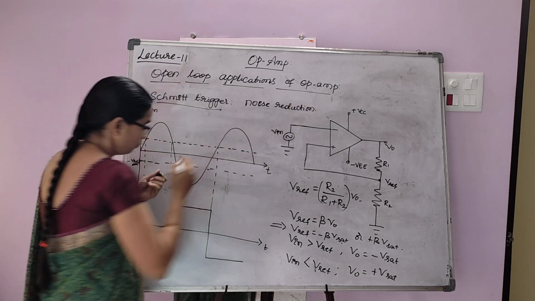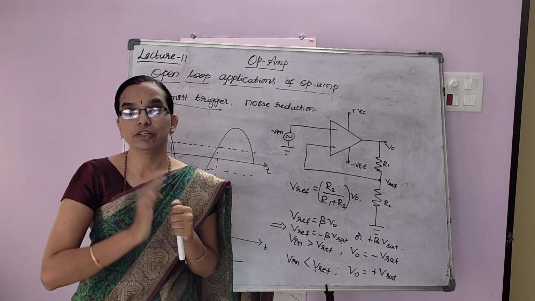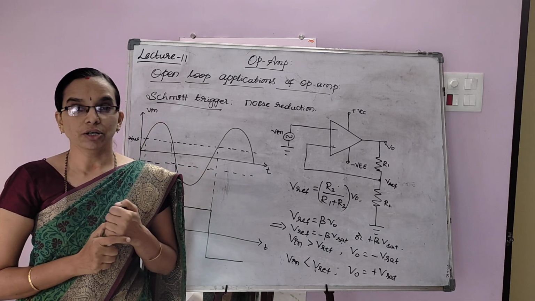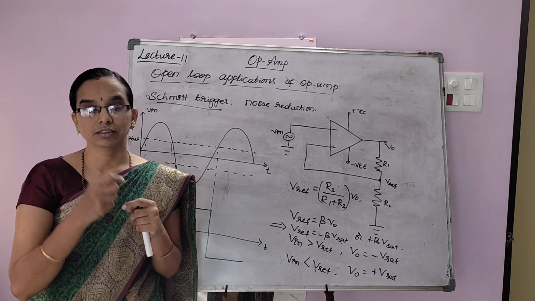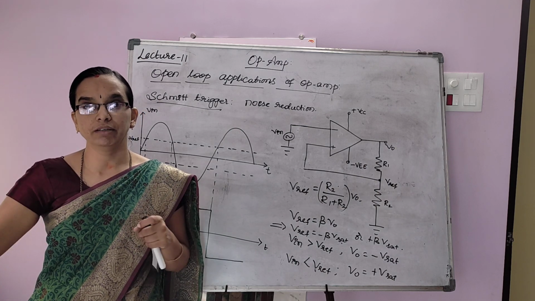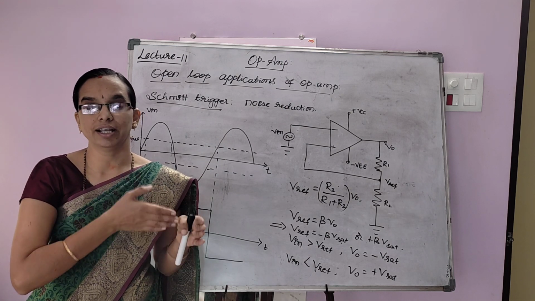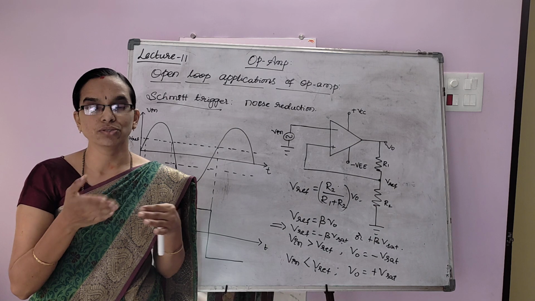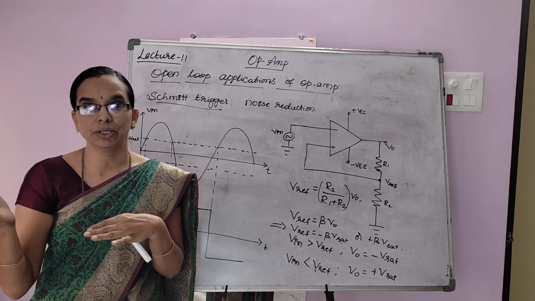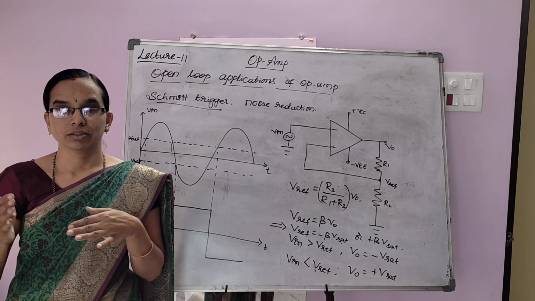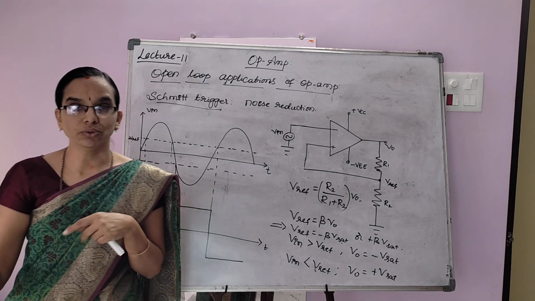As I told you, when you are monitoring the temperature of a room, you will keep a temperature sensor over there. The temperature sensor's output will be given to a transducer which converts the continuously varying real-time signal into an electrical signal.